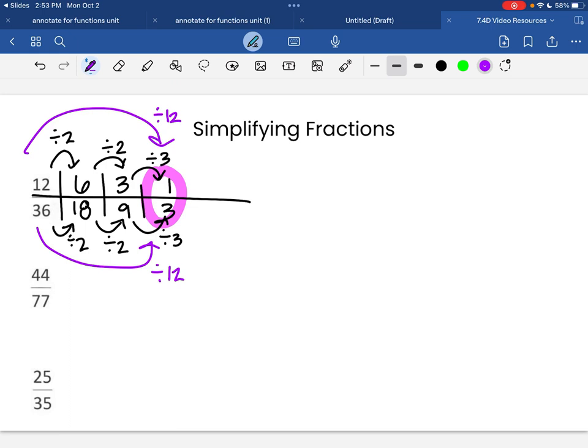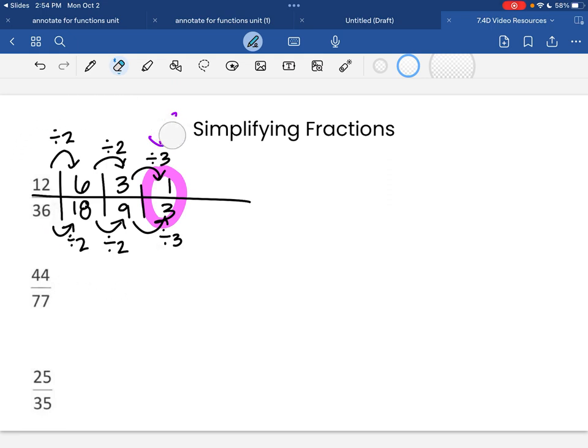So the next fraction that we're going to look at is 44/77. And I'm just going to erase this a little bit so it's not in our way. And so for 44/77, I'm going to extend my ratio table. I see that 44 is even, but 77 is not, so I cannot use 2 to simplify or scale it down into another whole number.